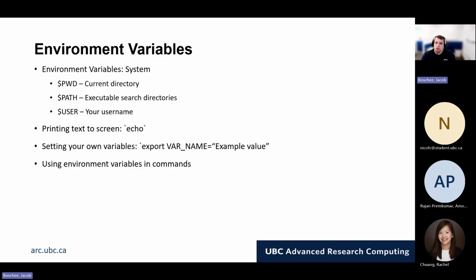Now, in some cases, we'd like to set our own environment variables. So say I'm building a script and I want to set some values in it. To do that, I can use the command export, the variable name, and then whatever value I'd like. It can be a numeric value, a text value, a path. Whatever you type out will be stored.